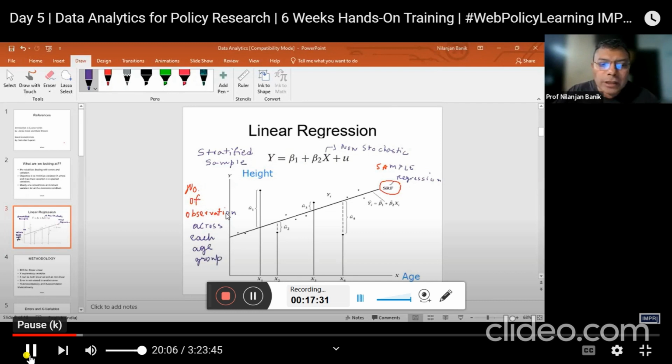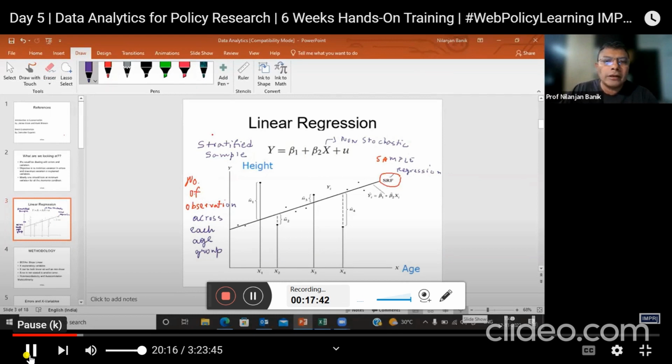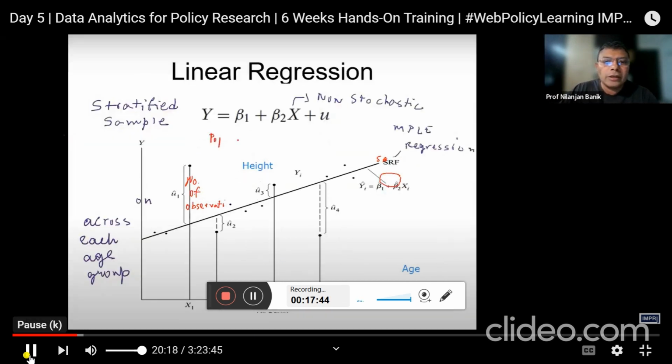So number of observations across each age group means, just to build on what Yogesh is trying to say, let's say that from the population, the number of people in the age group of 10 years in India is, let's say, 20%.